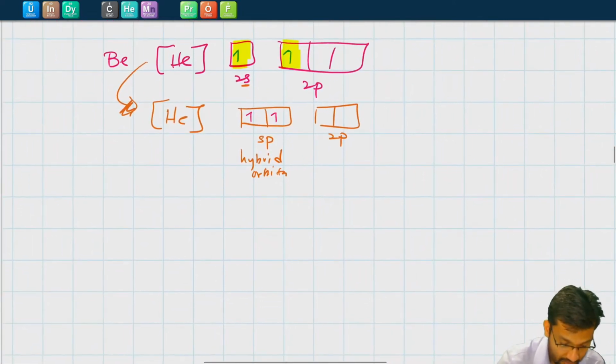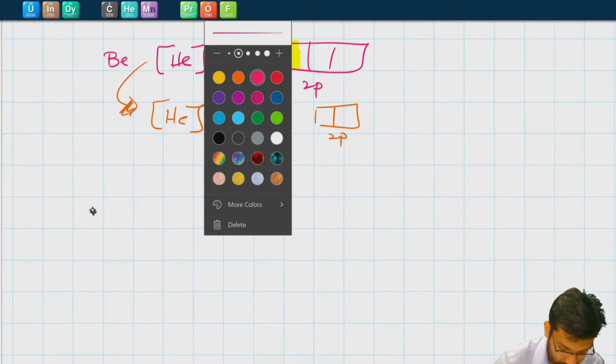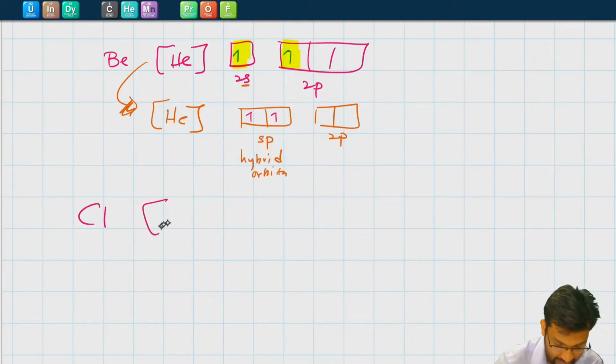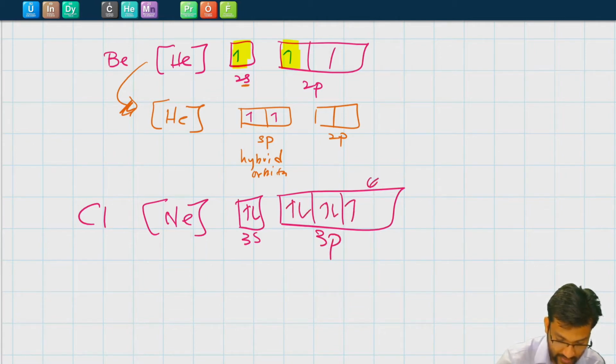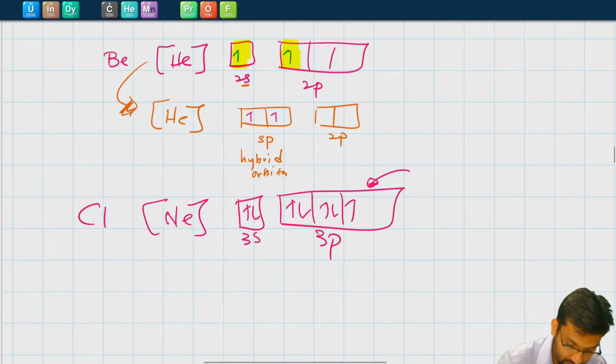And so now, if you think about chlorine, we know that chlorine has neon 3s with two electrons, and a 3p with one unpaired electron that can then, if I draw that in green, team up with that sp hybrid orbital.